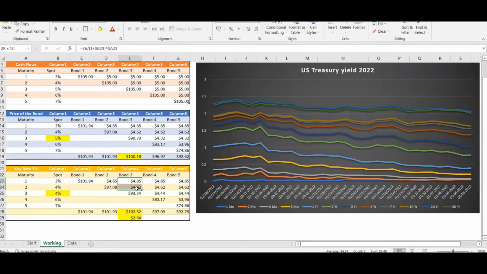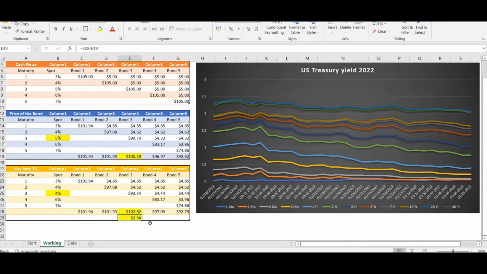And if I add all the present values along with the coupons, there is no change for the other spot rates, so you see that these two are equal. Because we changed the 3-year spot rate, there is a change in the price for this particular year. And finally, when we add up all these, earlier we were getting $100.18, now we get $102.82.